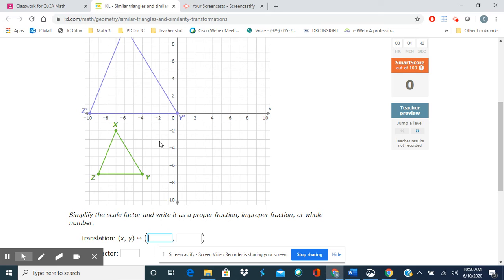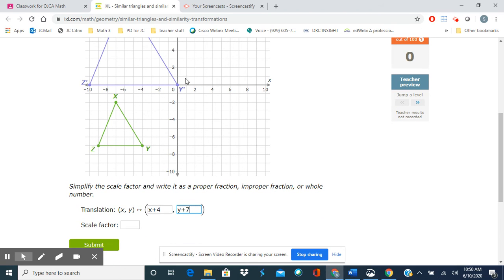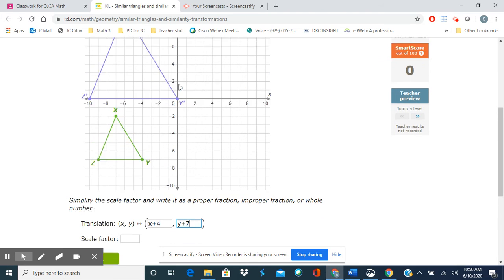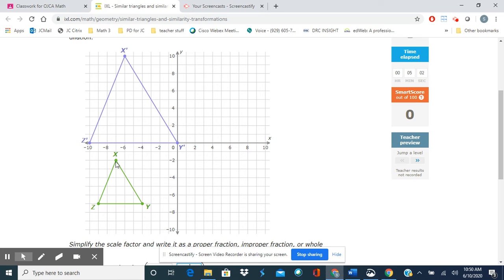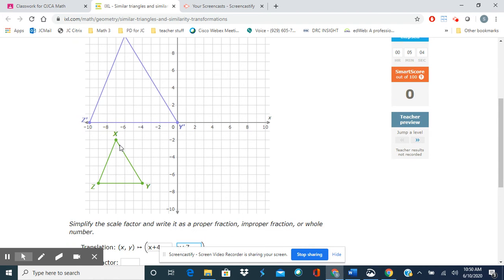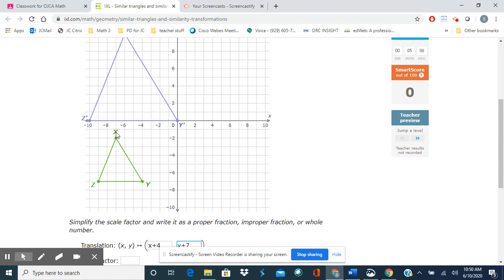How am I getting my y from here to my y prime? Well, I'm moving to the right 4, so we have x plus 4, and then I'm moving my y up 7, so y plus 7. So here's my y. If I did the same thing with my x, I'm moving it up 4: 1, 2, 3, 4, would be right there.